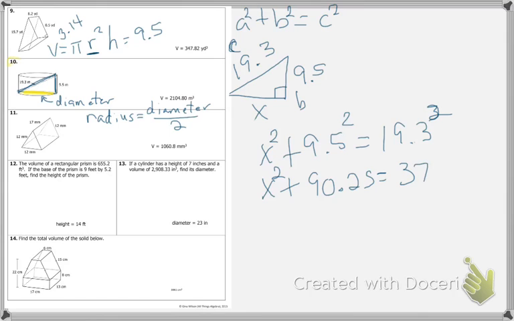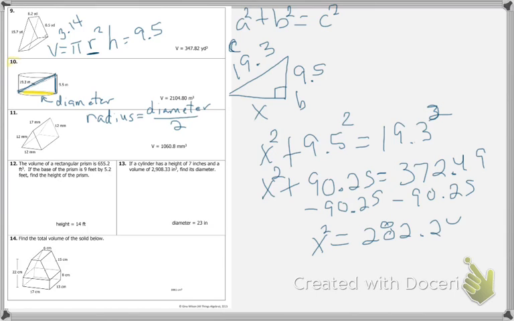19.3 squared is 372.49. Then we have to take this guy away from both sides, so I'm left with x squared equals 282.24. We have to get rid of the power of 2, so we know we have to square root, not divide.